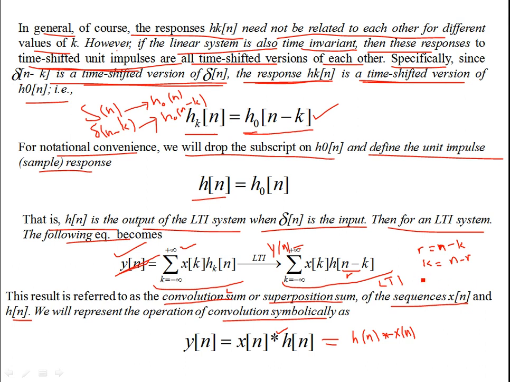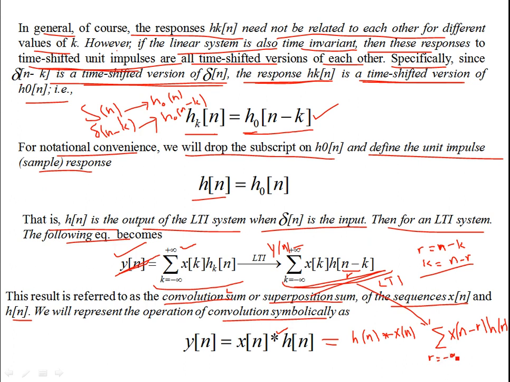So if we substitute this subscript in, the expression for y of n can be written as such. This becomes a summation. Since k is varying from minus infinity to plus infinity, R is also going to vary over the same range. So for k I can write n minus R, and then on the right hand side I have h of R. So this could be x of n minus R, h of R, where R can vary from minus infinity to plus infinity.